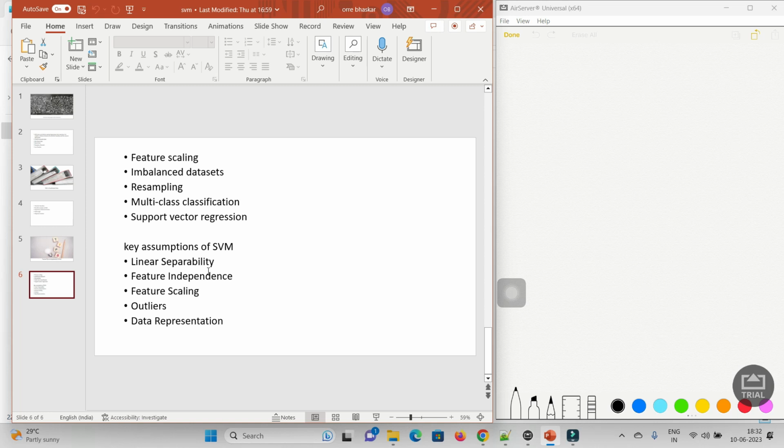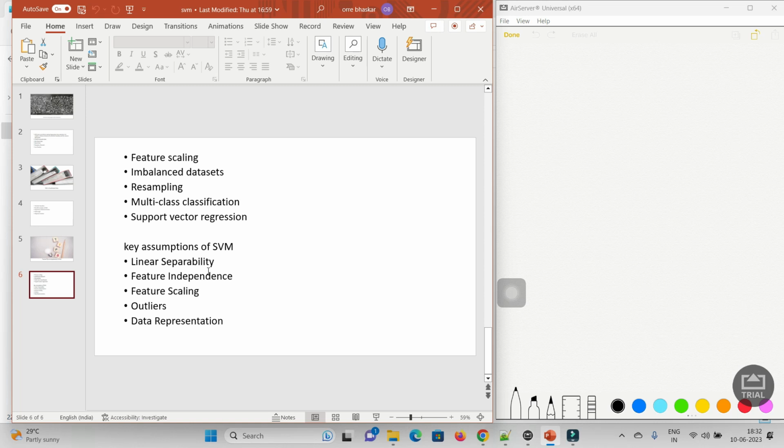It's important to note that while these assumptions can provide guidance when working with SVM, the algorithm is also known for its flexibility and ability to handle various types of data. In practice, it is advisable to assess the data and experiment with different approaches to determine the suitability of SVM for specific problems. We have covered a lot of ground today, exploring the ins and outs of SVM.